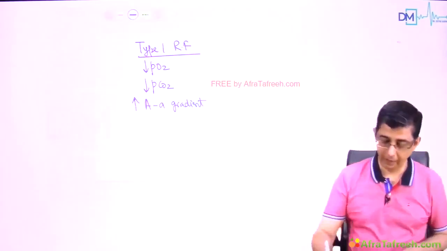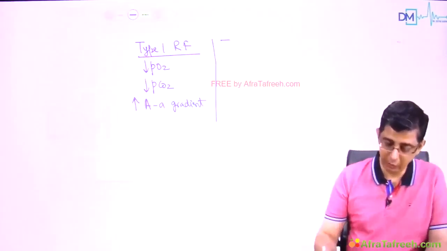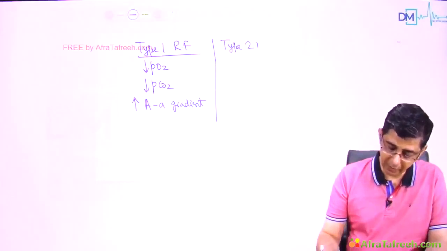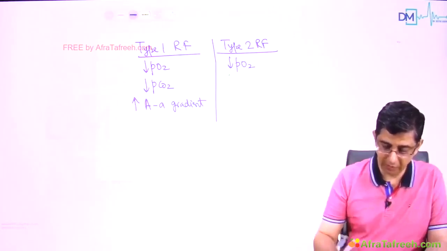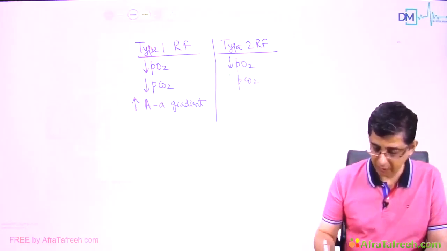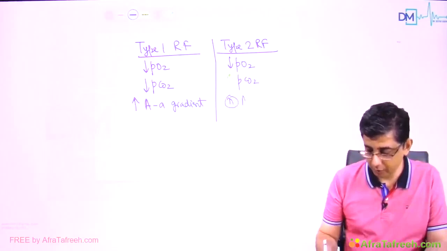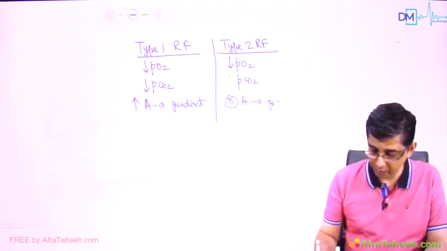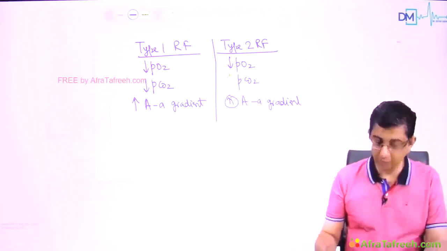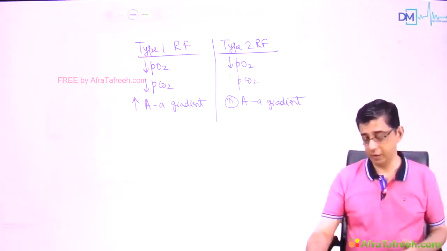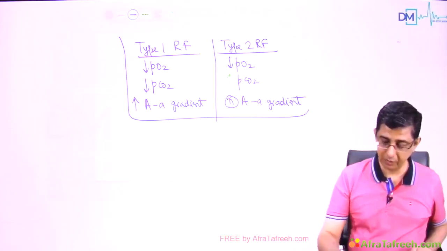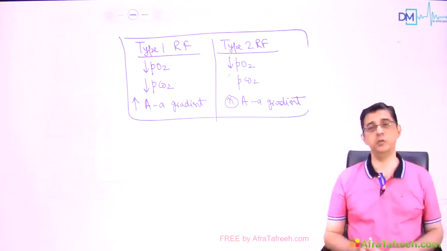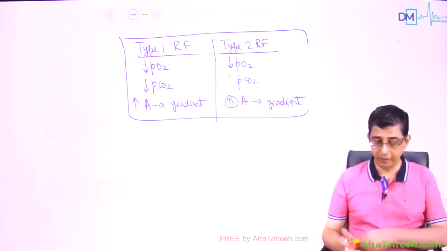But when it comes to type 2 respiratory failure, you obviously have a deficiency of oxygen, but there will be a buildup of carbon dioxide in the body of the patient, and in this condition a normal alveolar arterial gradient is noticed because the air is not going in through the conducting airways itself. So capital A and small a both will be reduced in the patient. So these are two comparisons which I want you to remember for type 1 and type 2 respiratory failure respectively.